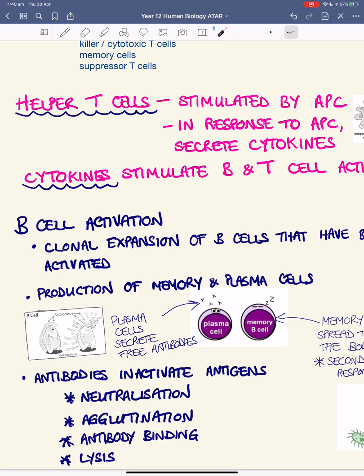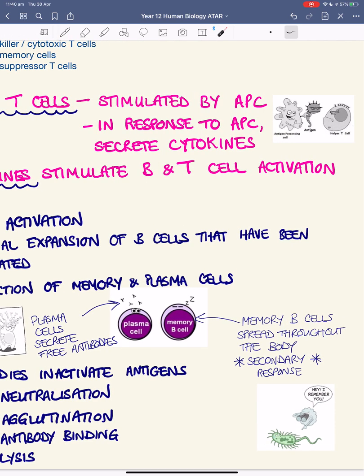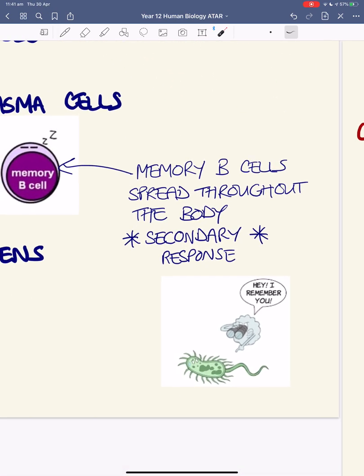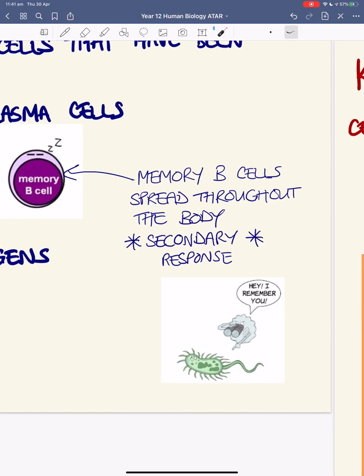In addition to the formation of plasma cells, we also have the formation of memory B cells. These are stored throughout the body, and their job is to carry out the secondary response.